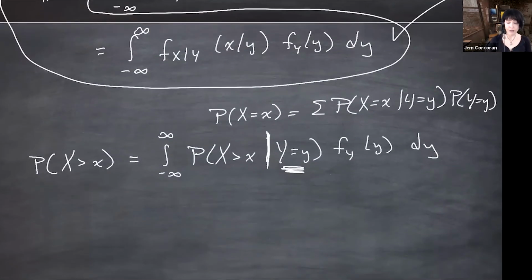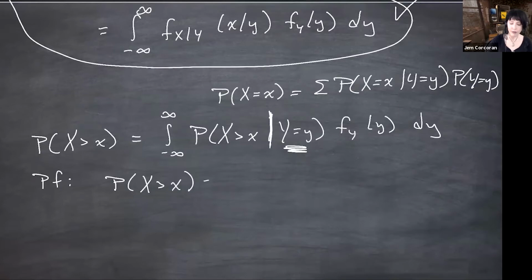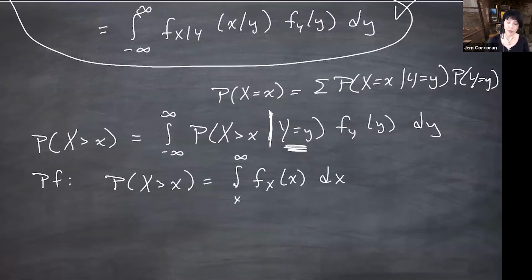And so this is kind of what we were doing before as well, but if you want to prove this, then I would just say the probability that X is greater than x, and I just made this one up. We might want other probabilities involving X, but I would write this as the integral from x to infinity of the PDF for X. And then I would condition on Y, which is what we did before.